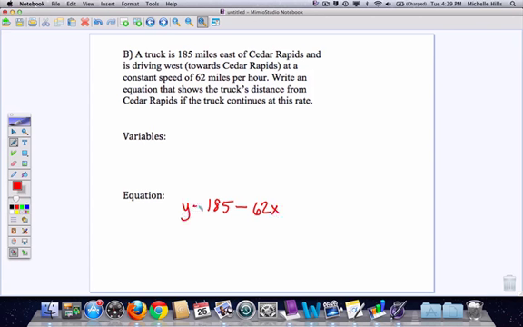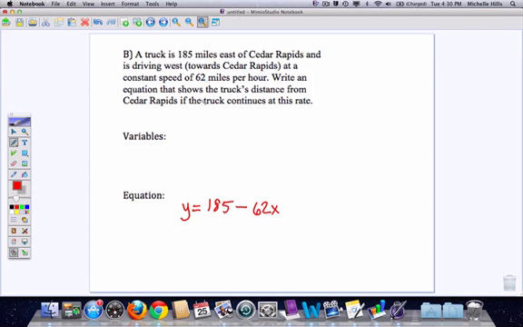So y equals 185 minus 62x. Well, if I'd only been driving for 1 hour, I'd take 185 and subtract 62 once. If I'd been driving for an hour and a half, to find out how far I am from Cedar Rapids, it's 185 minus 62 times 1.5.